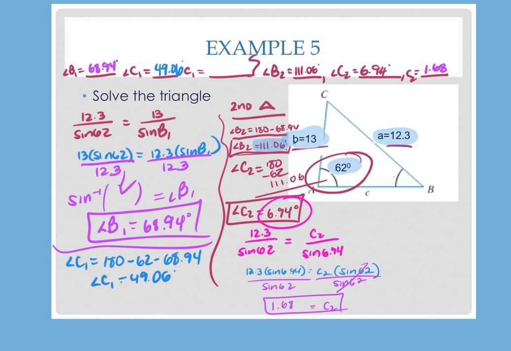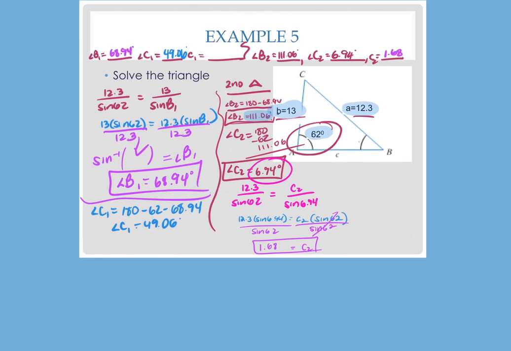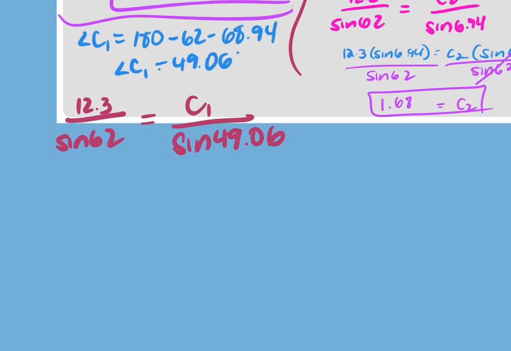And then the last thing I have to find is side C1. I have the A's. I always go back to the A's. So 12.3 over the sine of 62 equals side C1, which is what I don't know, over the sine of angle 49.06. This is where you have to be so careful, especially with C's, because your lowercase c's look just like your uppercase C's.